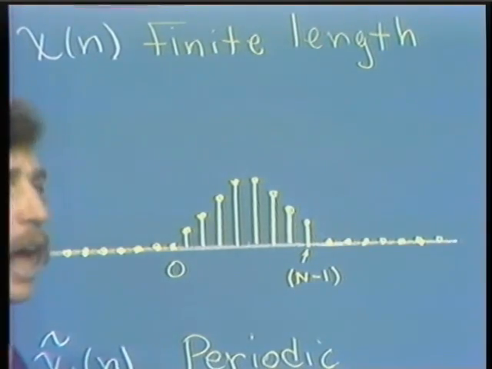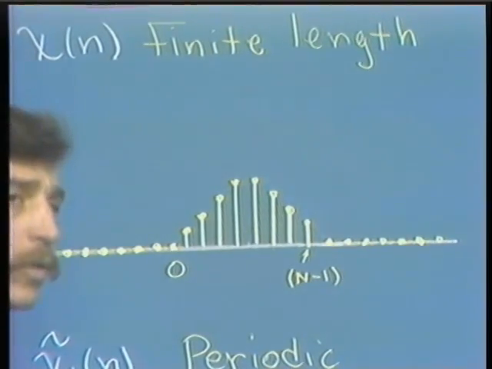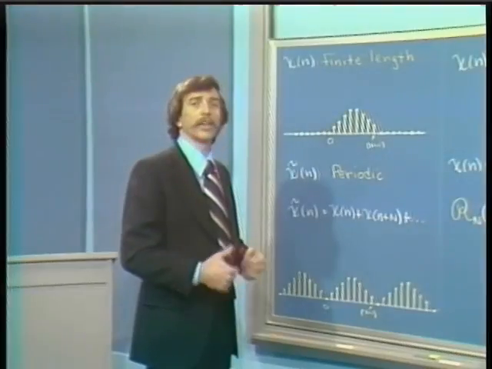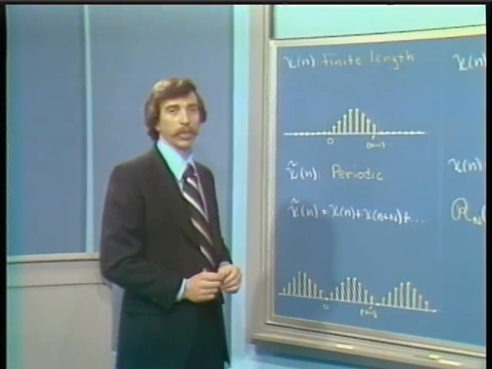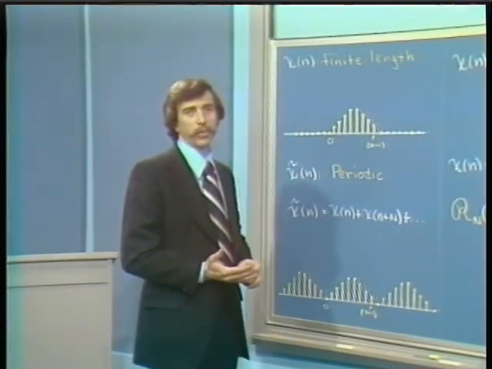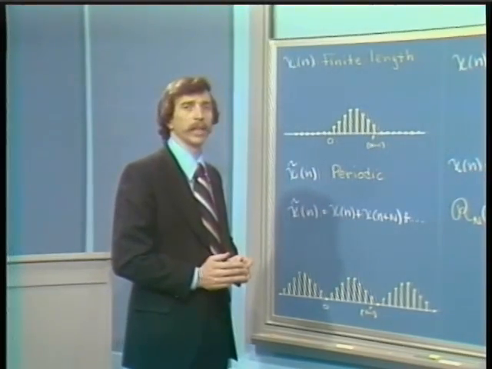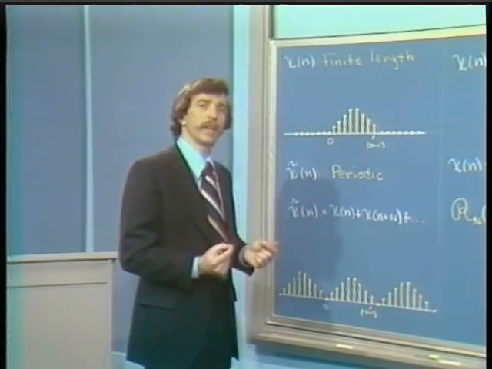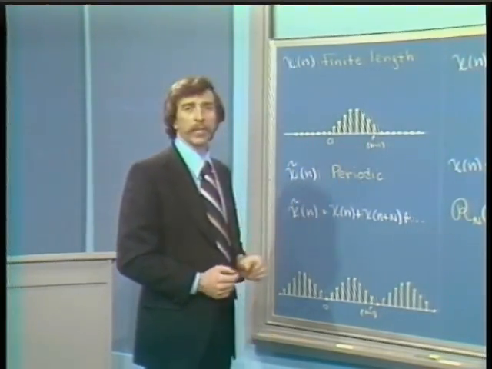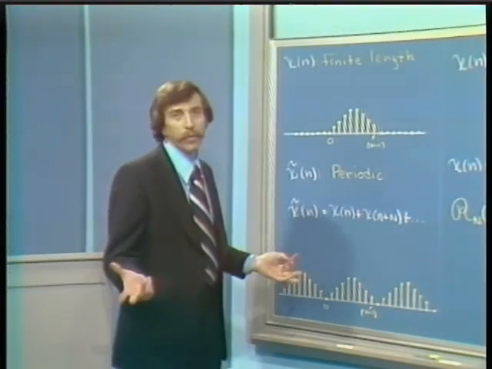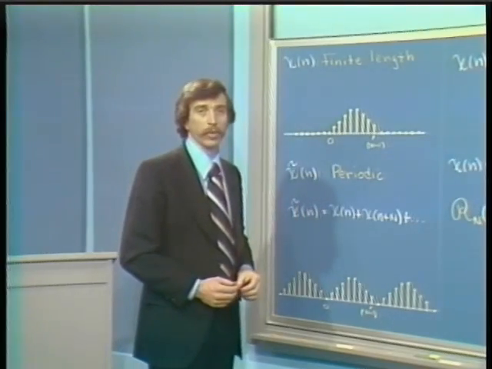And in general, obviously, if I talk about a finite length sequence of length capital N, I can also refer to it as a finite length sequence of length greater than capital N. That is, the important statement about the sequence being of finite length capital N is that the sequence values are 0 outside the range 0 to capital N minus 1, although obviously the sequence could also be 0 inside that range for some of the values.